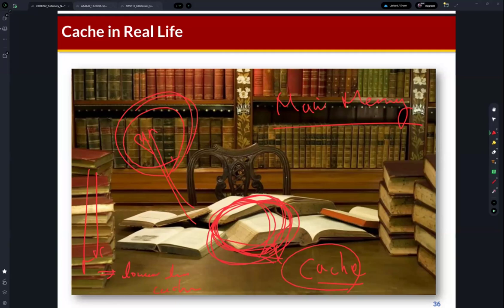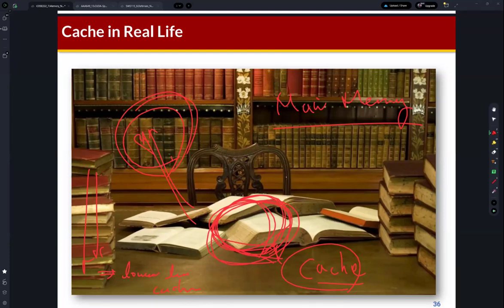So we can observe data locality in our real life. When we do something, we just focus on certain data, right? And in order to reduce the access time to this data, we can manage books, we can manage data like this.